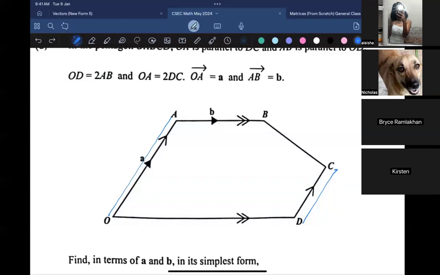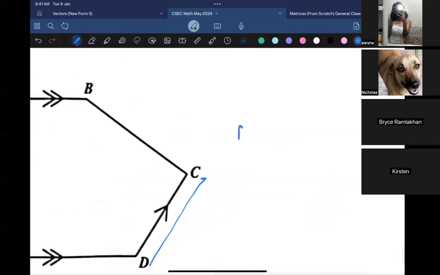D to C is what of O to A? Half, right? So D to C is equal to half of O to A.